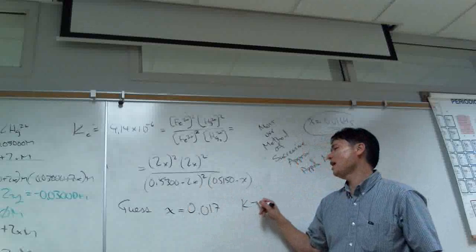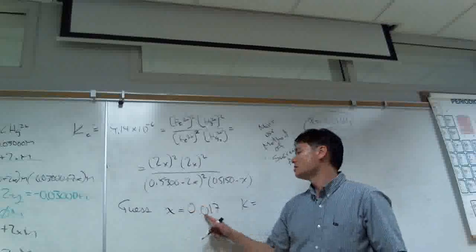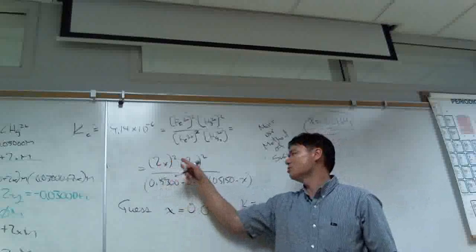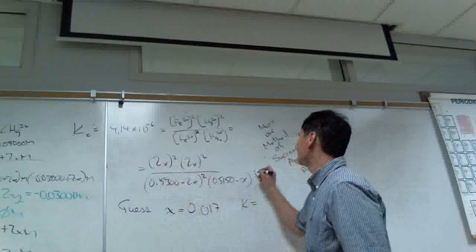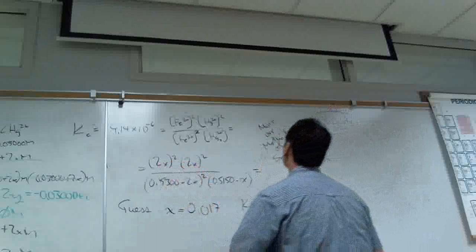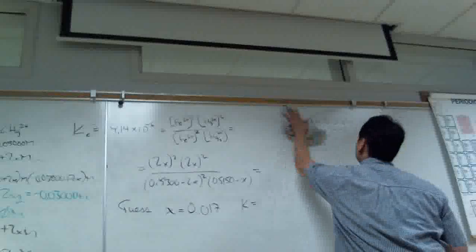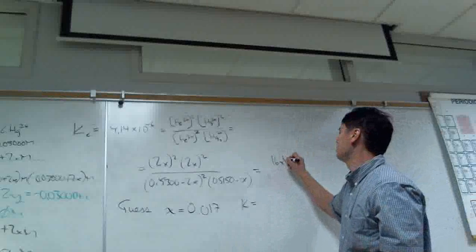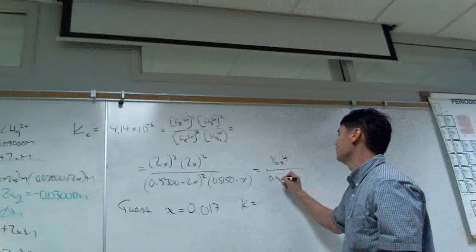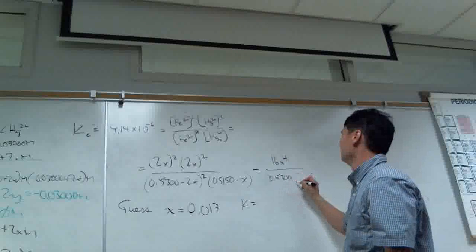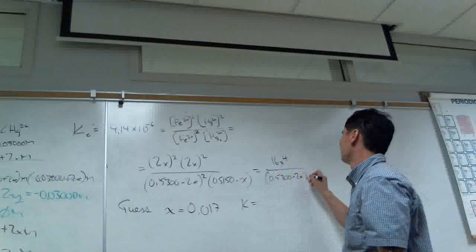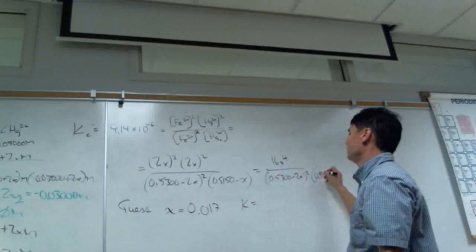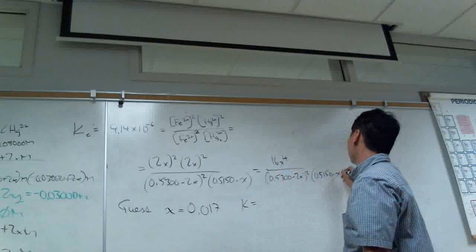Let's calculate k based on this equation. And so we plug in 0.017 times 2, square that. Actually, you know what? Let's make this a little bit easier. Let's go 16x to the 4 divided by 0.5300 minus 2x squared times 0.5150 minus x.